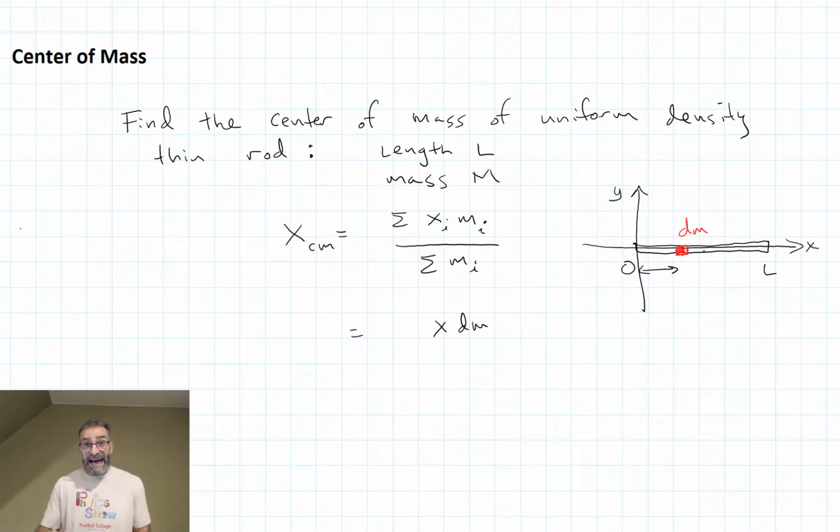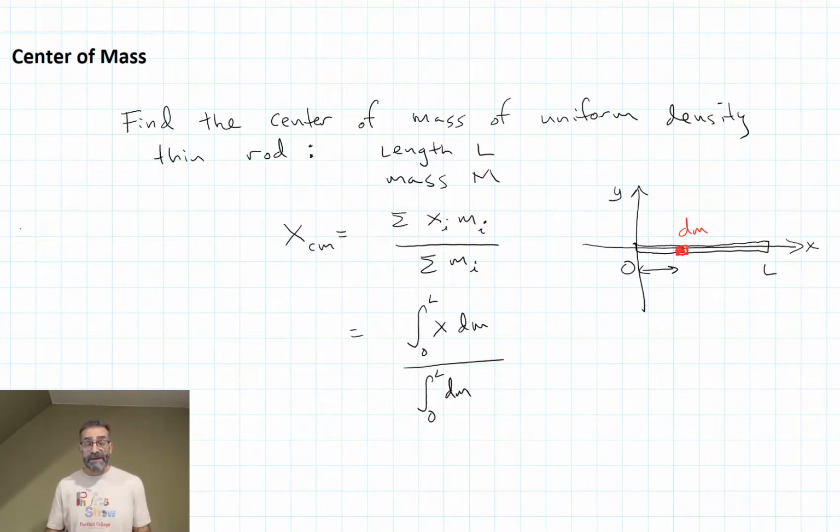And I'm going to add up all the contributions from every little dm. And what does that become when we have a solid object? An integral. And I'm integrating over the whole length of the rod. I'm adding up all the dm's that make up the length of the rod.